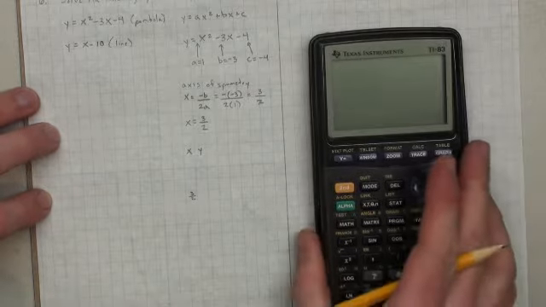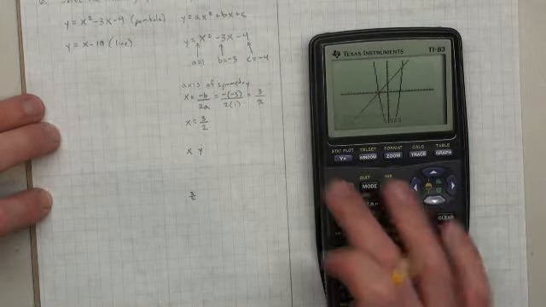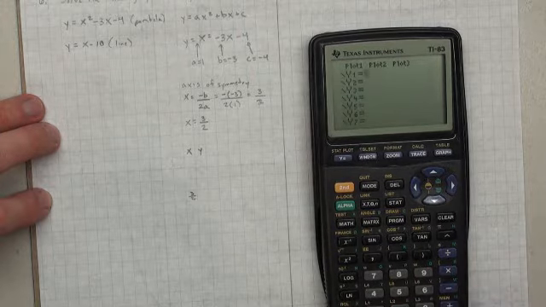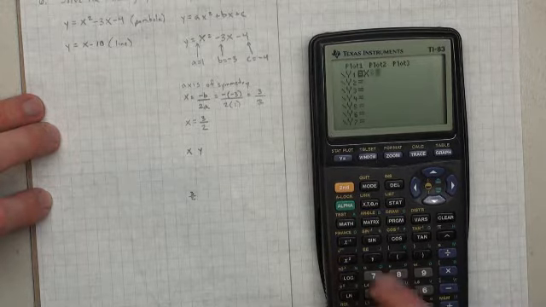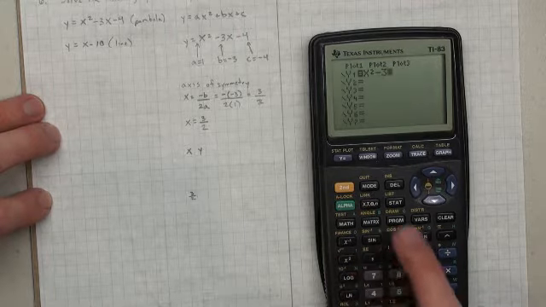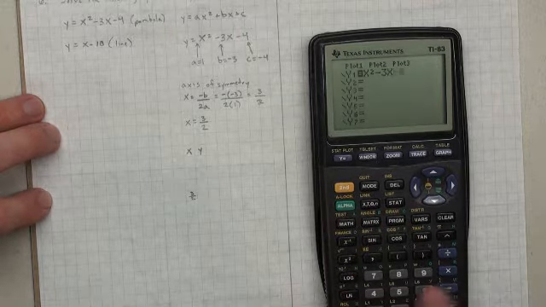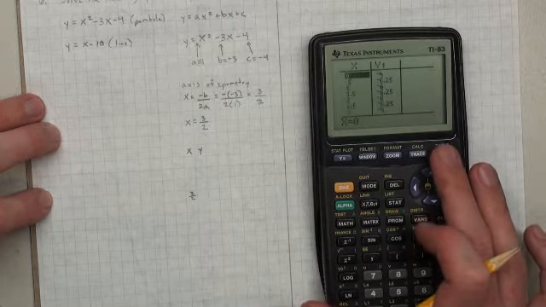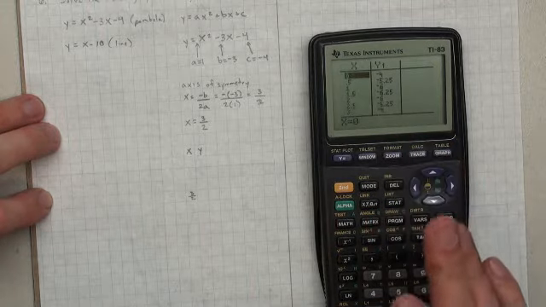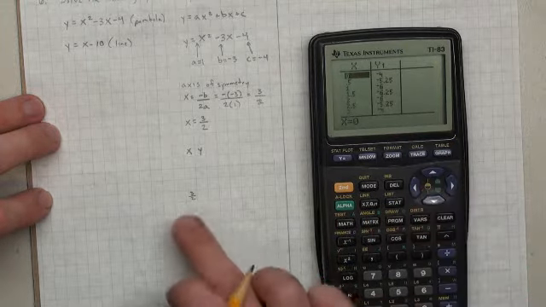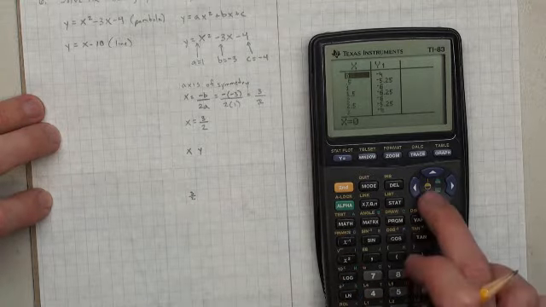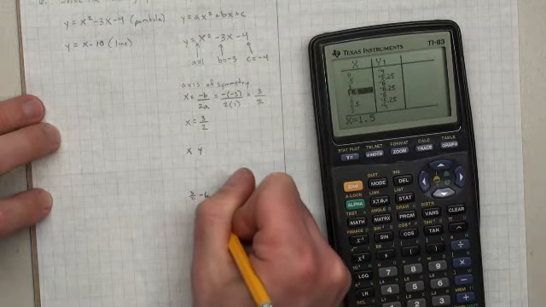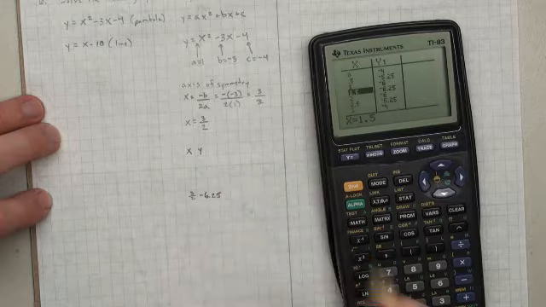Alright, let's put in our other values before we actually draw in our table here. So I'm clearing my other equations and I'm putting in just the parabola for now. X squared minus 3x minus 4. And I want to go to second table. Now it's going by a half right now, but I really want to just go by ones. Actually, no, I do need to go by a half because I have 3 halves. So let's find 1.5. And that's negative 6.25. Okay.